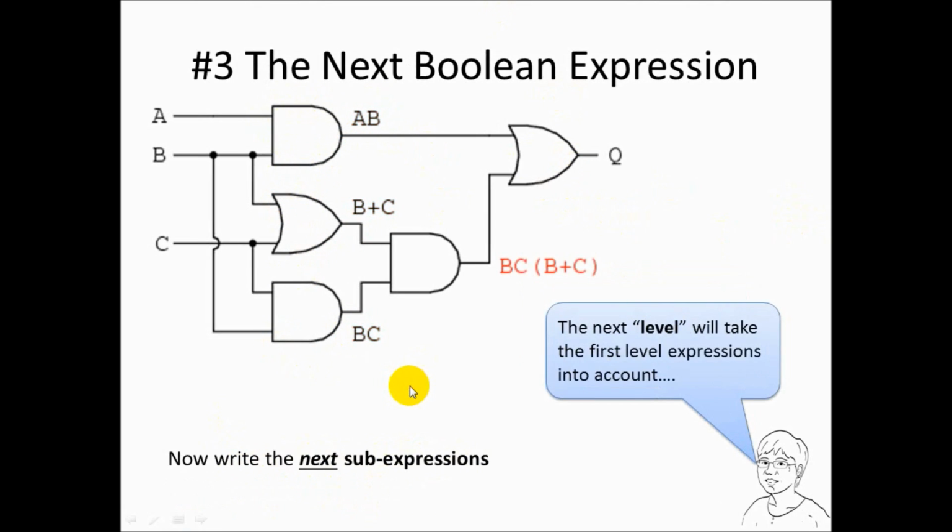Okay. Step 3, the next Boolean expression. So we're looking at the next level. We've only got one gate in this level. The next level will take the first level expressions into account. This means we've got to look at the result hitting this particular schematic, which is AND. So what does that result in? Well, that's B C and then B or C. Notice the use of brackets.